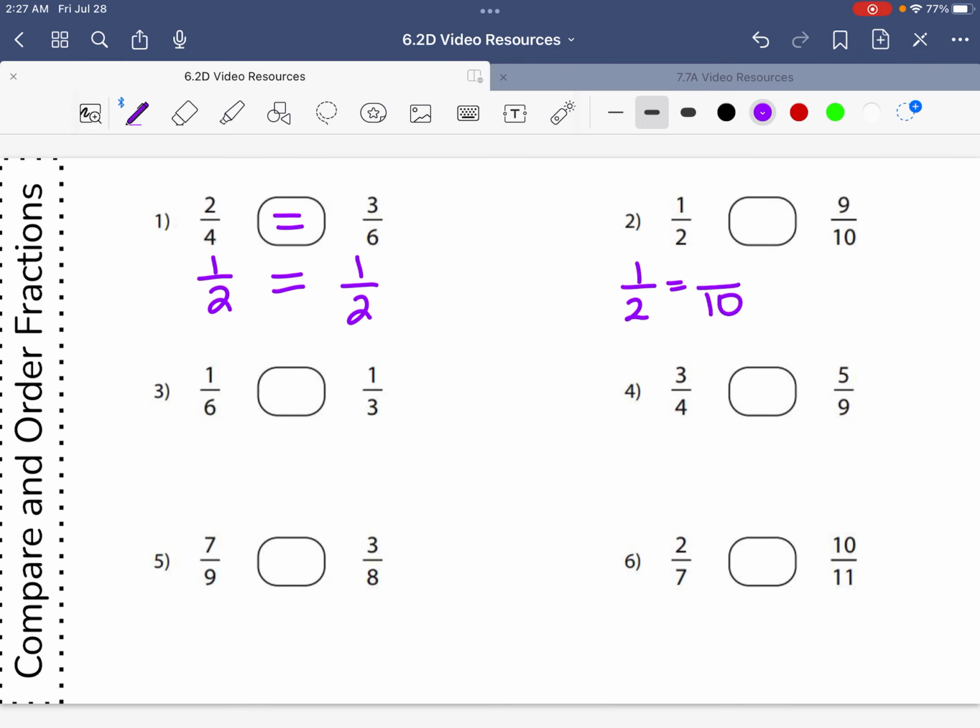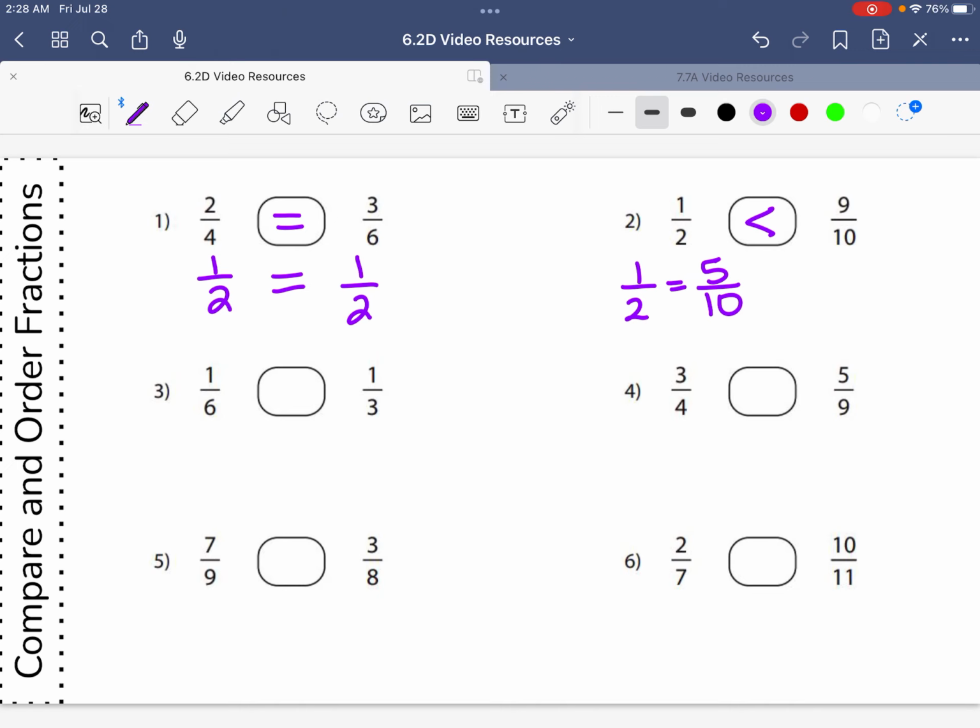And I know that 1/2 is equivalent to 5 out of 10. So I can think of this in the same way as comparing 5/10 to 9/10. And I know that 9/10 is greater, so my inequality symbol will open to the greater value.